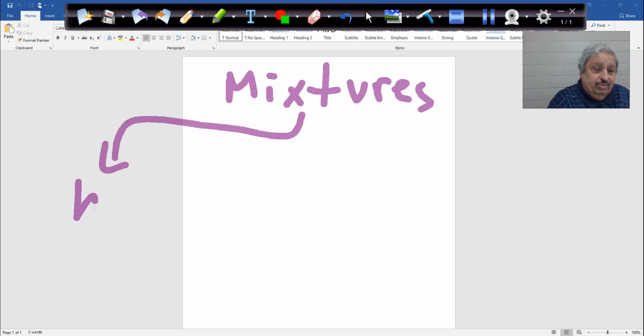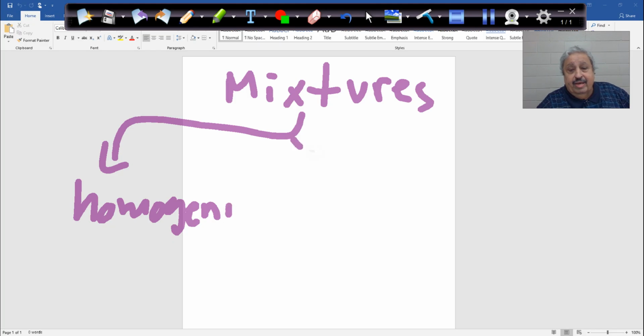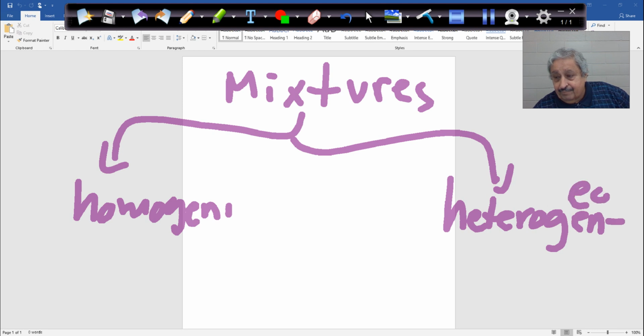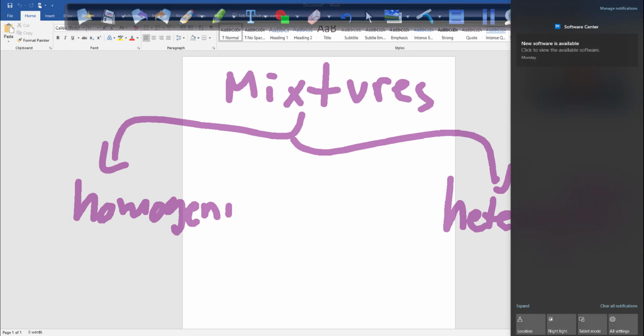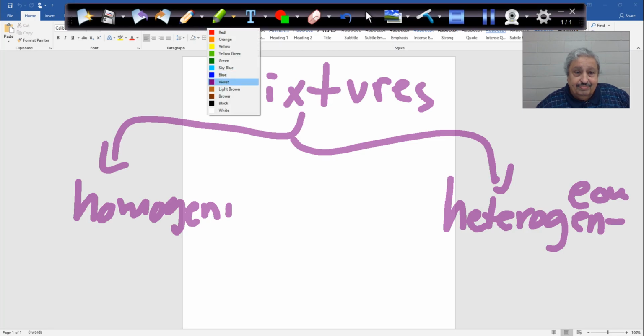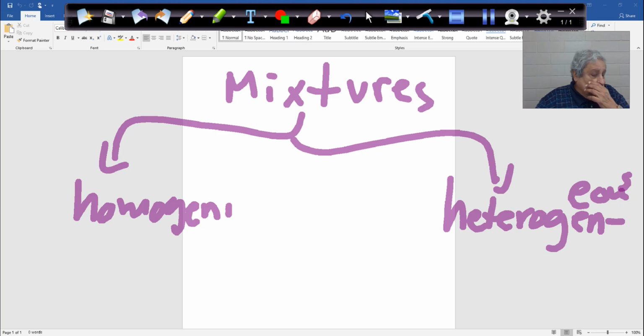We have homogeneous, and we have heterogeneous. Okay, so homogeneous and heterogeneous.